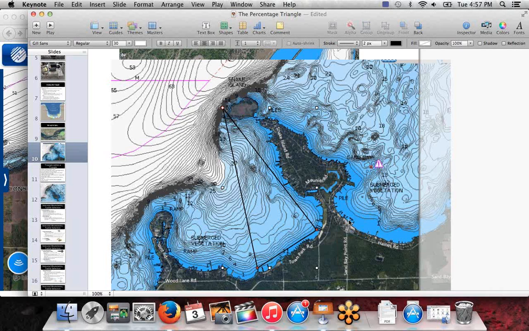Let's see what else we got here. The Tennessee River, Andy asked, the Tennessee River has many triangles. How do you break down the productive ones and those that are not? Usually by fishing them. I mean, it's really hard.